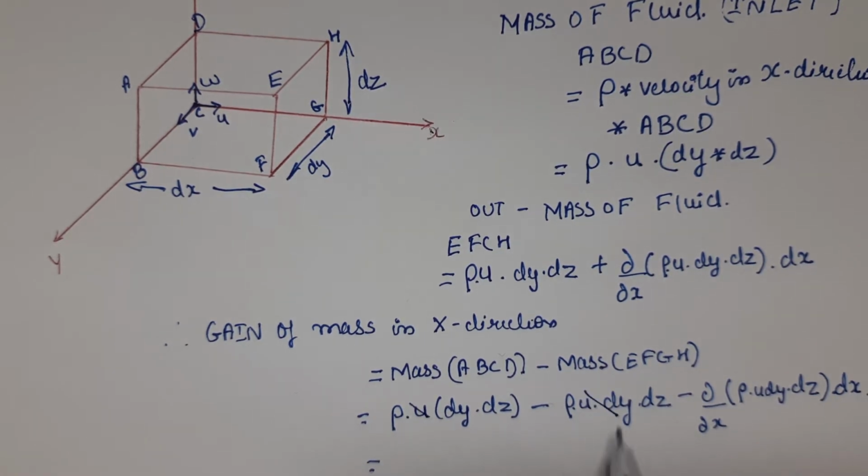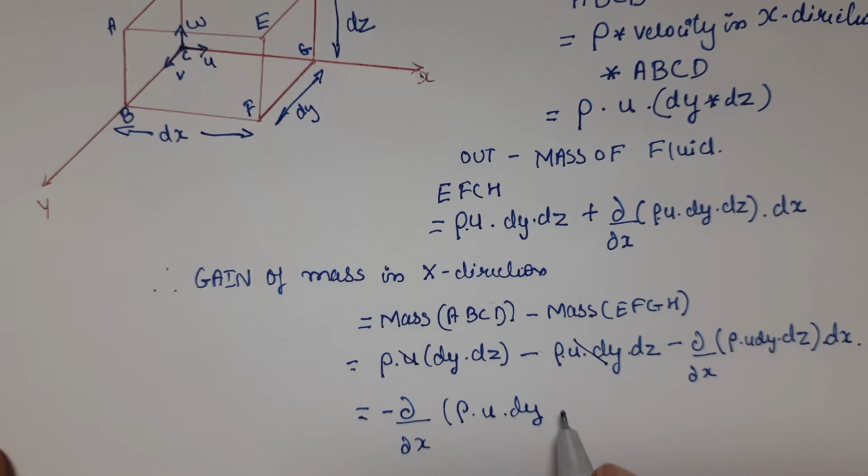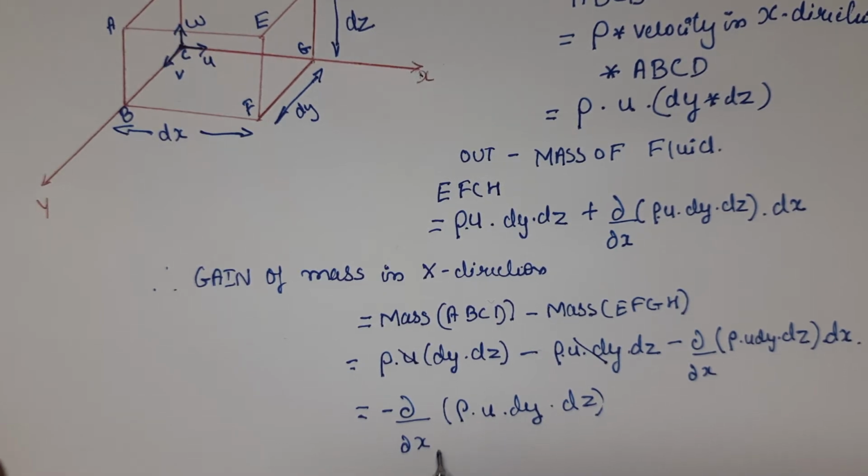These two get cancelled, so we get minus dou by dou x of rho u dx dy dz. So this is the gain in mass in the x direction.